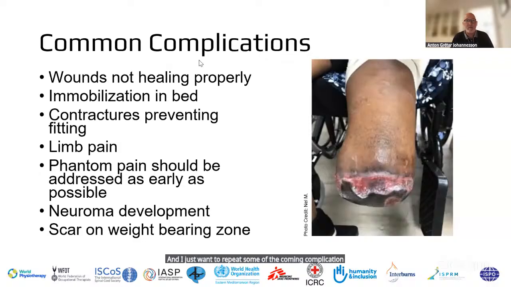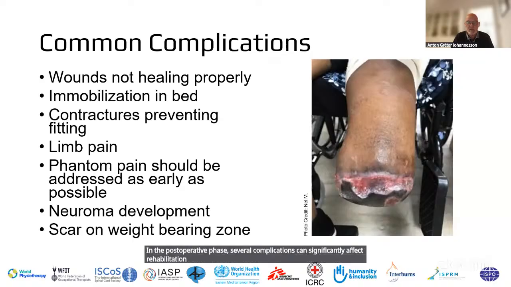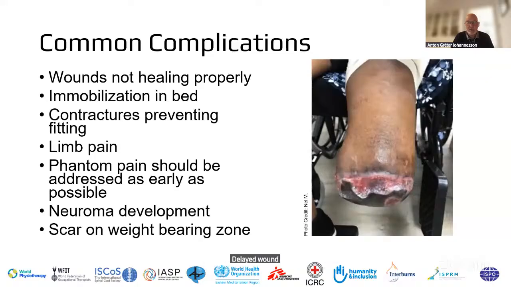complications that Roba mentioned. In the postoperative phase, several complications can significantly affect rehabilitation and prosthetic outcome. Delayed wound healing and prolonged immobilization can slow progress and increase the risk of further complications. Contractures, often resulting from inactivity, may prevent successful prosthetic fitting.